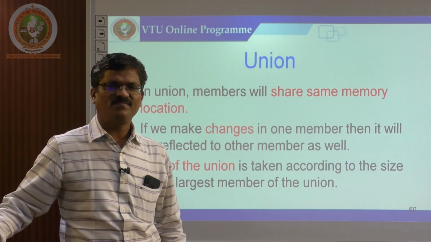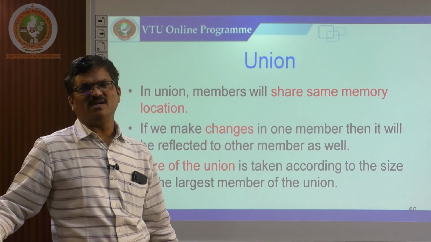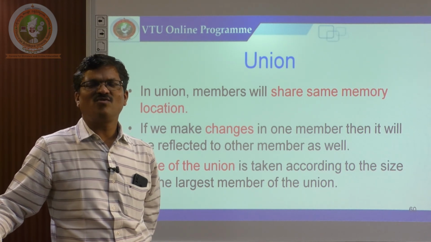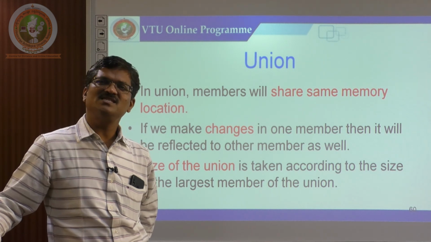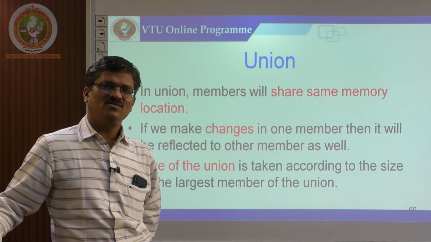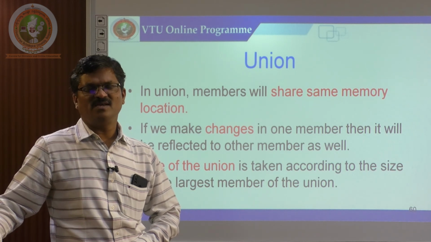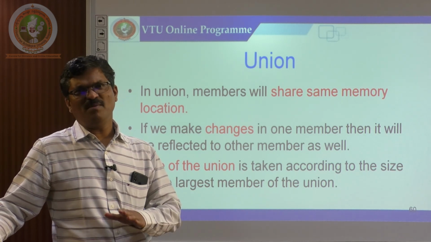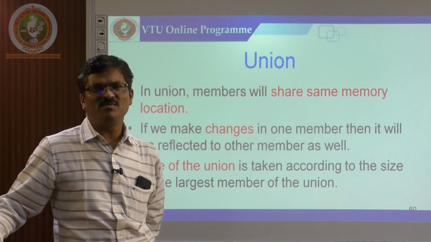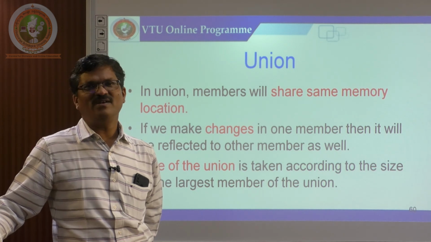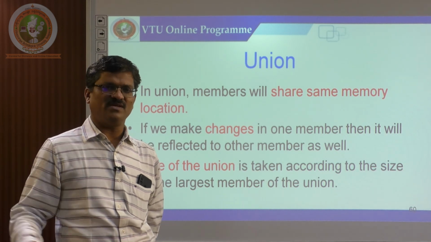Hence, the size of a union is taken according to the size of the largest member. Whatever the number of members declared in the union, the member which needs the largest memory defines the size of the union.